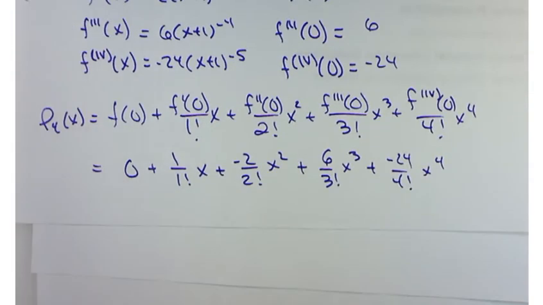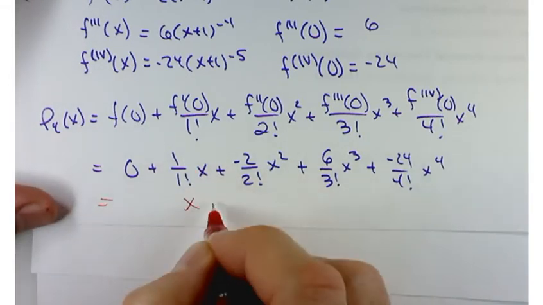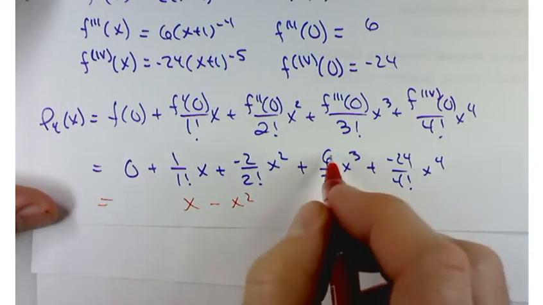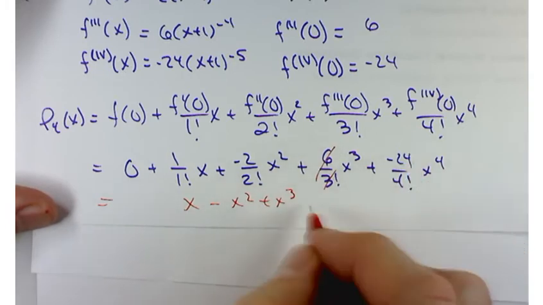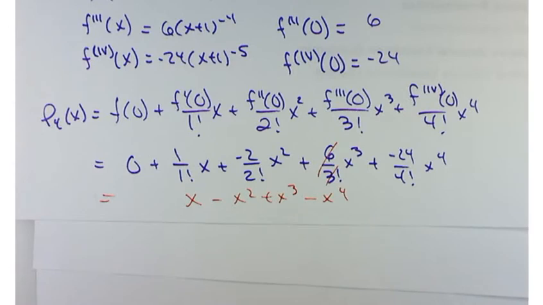Now I think a lot of you caught this simplification here, right? That's going to be x minus x squared, plus x cubed, and these cancel as well, minus x to the fourth. So, wow. Not too bad.